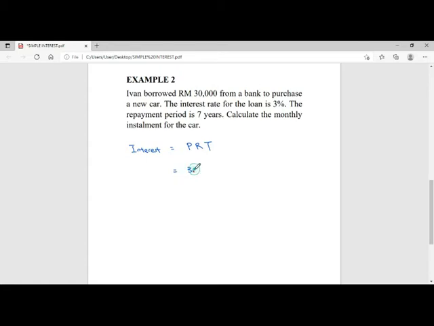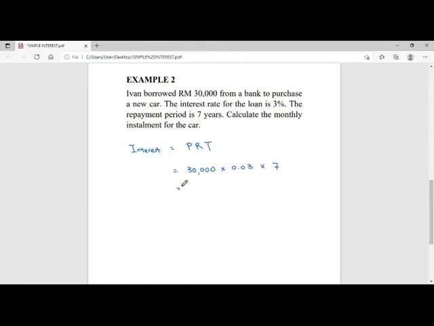So the P will be 30,000, the R here will be 3%, and the T here will be 7 years, because this is the common repayment period in Malaysia. For your information, the common repayment period in Malaysia is actually 5 years, 7 years, or 9 years.